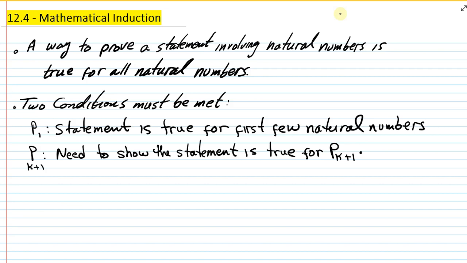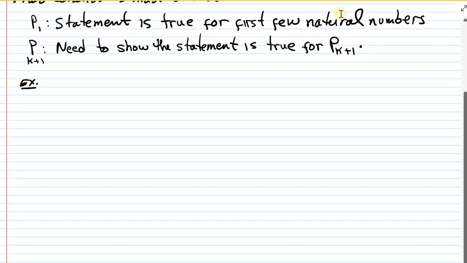If it works for the first k terms, then it's got to work for the next one and the next one after that. That's what the second condition requires. So let's see how this is going to work. We're using an example. I'm going to use several examples, different types of examples, to show you how versatile this technique is for proving statements.